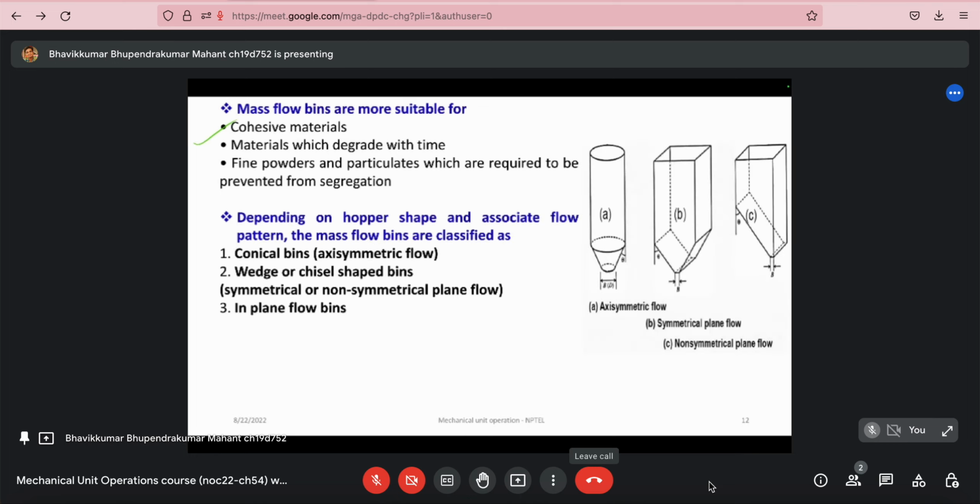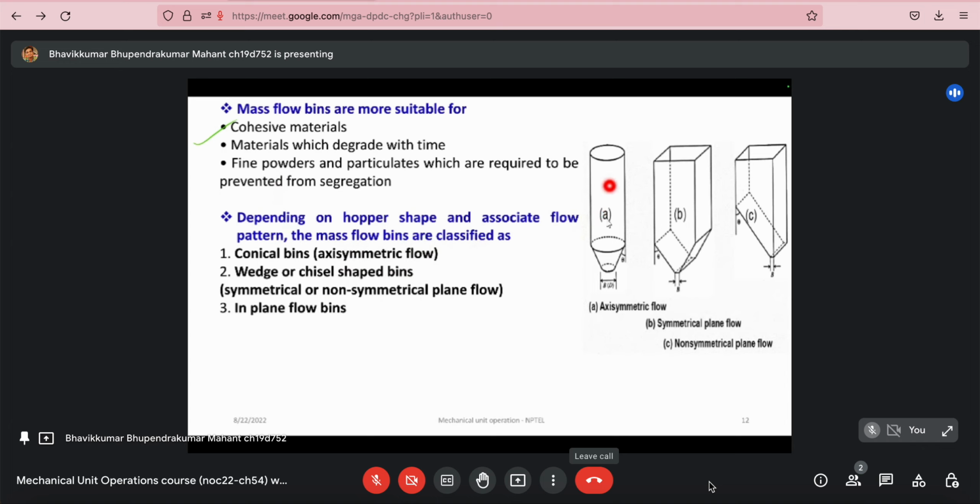mass flow patterns. Now as we discussed earlier also, if you want to go for mass flow pattern, then depending on the hopper shape and associated flow pattern, the mass flow bins are classified as three different kinds of bins, as we discussed earlier also. One is the axis symmetric flow.